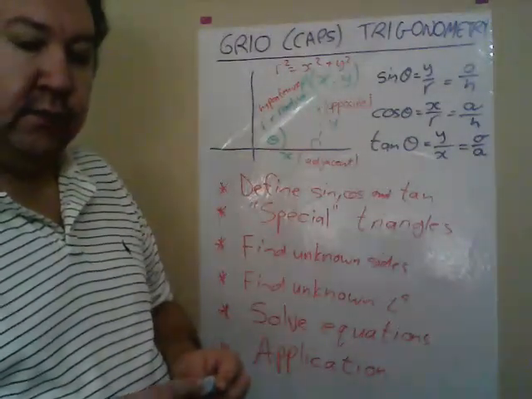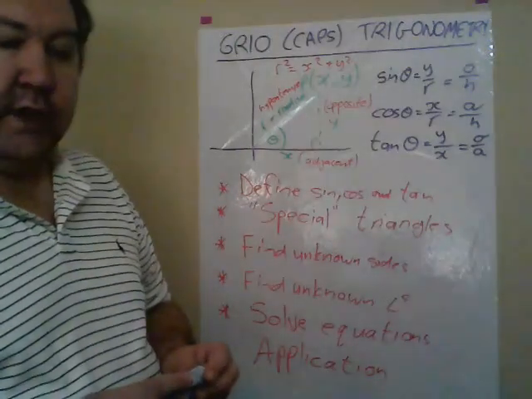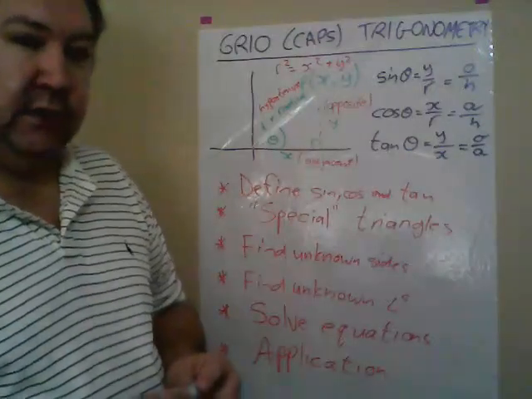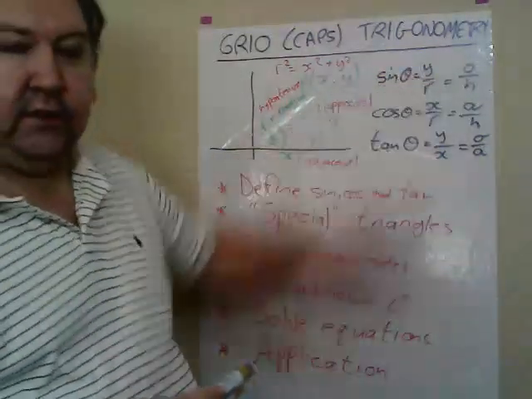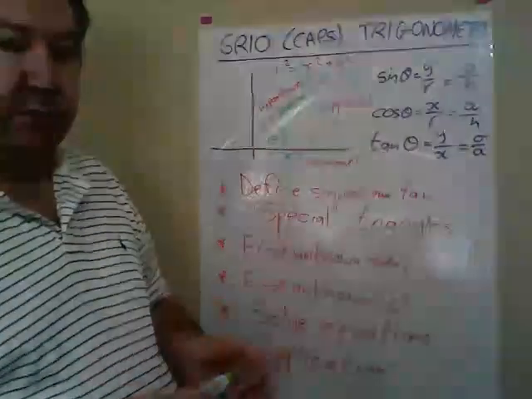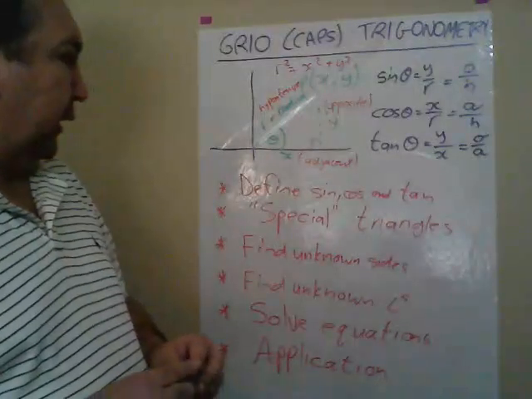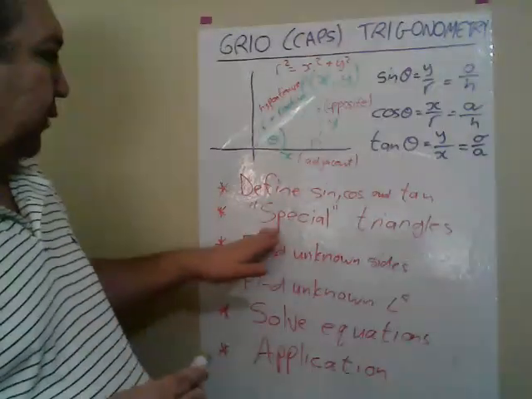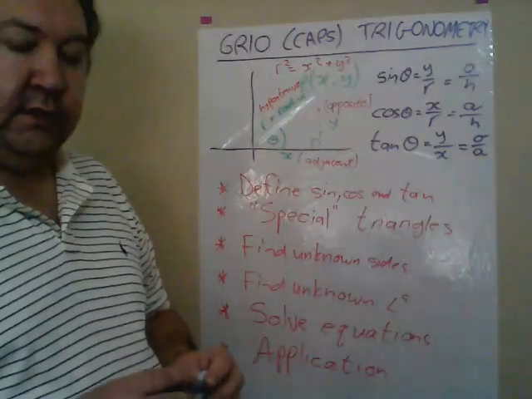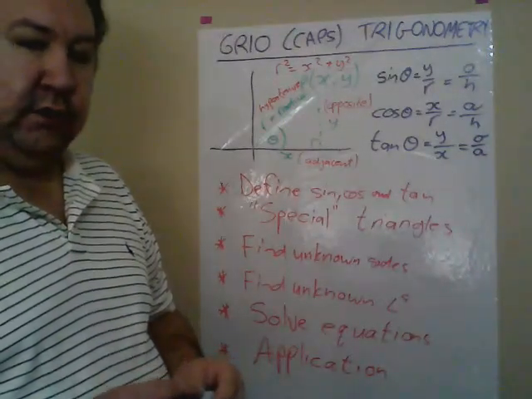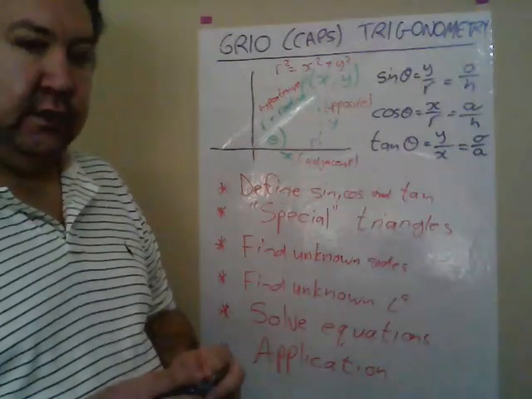The co comes from complementary, because we know complementary angles add up to 90 degrees, and we will find that if we have sin of an angle, let's say 30 degrees, it will be the same as cos of 60, but we'll get to that in a bit more detail. Then we have our special triangles. Now they will be the 45, 45, 90 degree triangle and the 30, 60, 90 triangle.